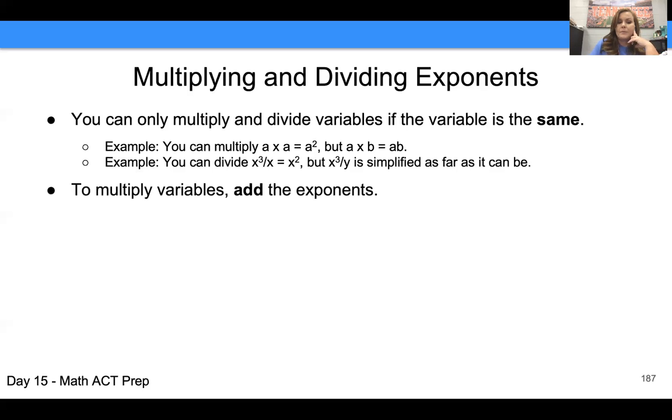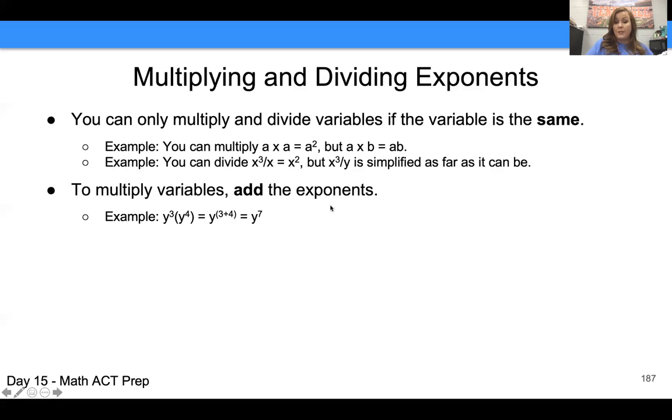So again, this is where a lot of students really struggle. When you multiply variables, you have to add the exponents, okay? So we have y to the 3rd times y to the 4th. This is going to give us y to the 3 plus 4, which is 7. And the reason is, let me go back.